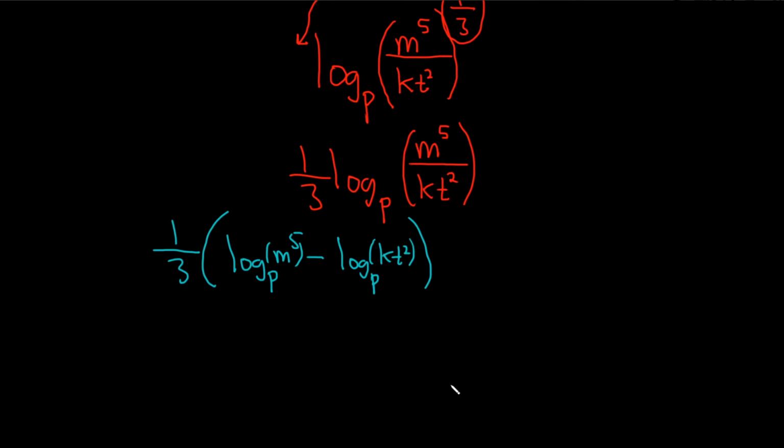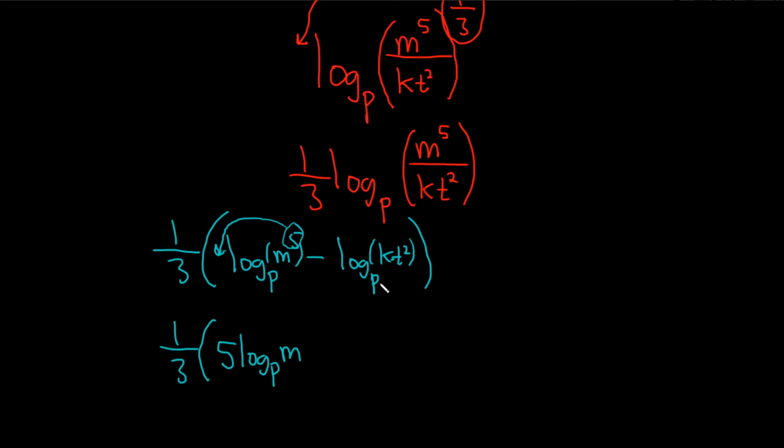Okay, let's keep going. There's a little bit more to do. So this is 1/3. So here we can take the 5 and bring it down. You can do that again with the power rule. It basically says that when you have exponents like this, you can just put them in the front. So this is 5 log base p of m. And then here there's a times.